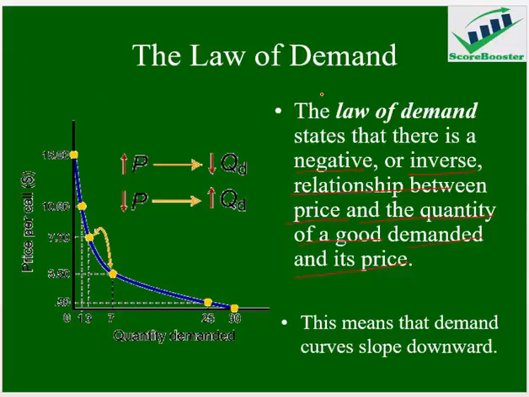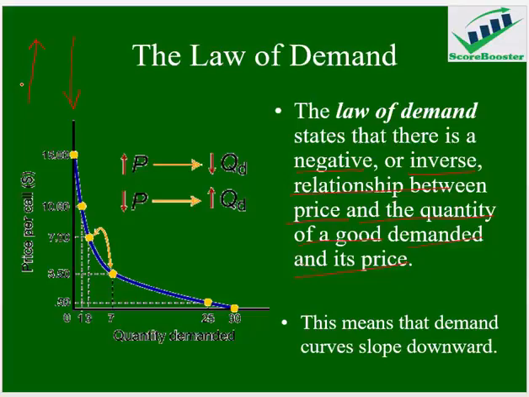This is what we mean by a negative slope. When we say something has a negative or inverse relationship, when one is going up, the other one is going the other way, coming down. For example, as the price is going up, the quantity is reducing.